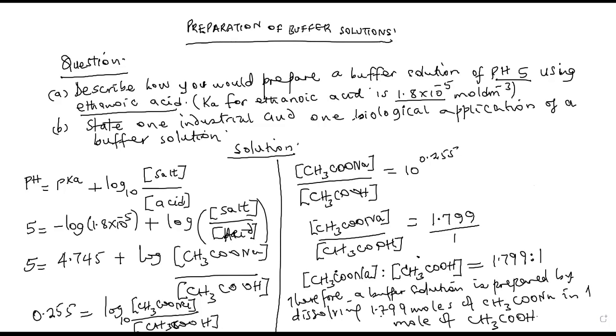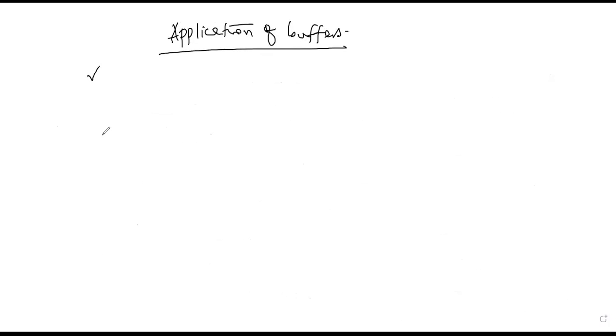Before I give you a question, let me first conclude. They want us to talk about the biological and industrial applications of buffer solutions. Let me first list some here, then we categorize them. The first application: buffers can be used in maintaining the pH of the body, since there are no pH changes.